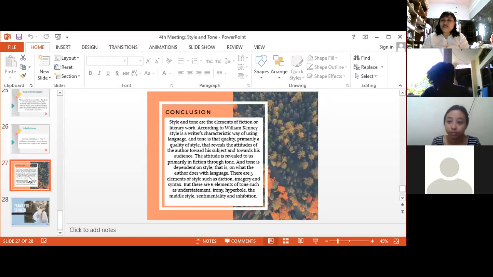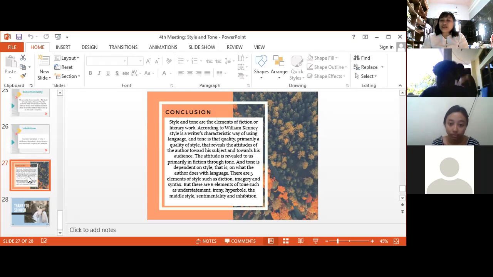Okay. Conclusion. Style and tone are elements of fiction or literary work. According to William Kenney, style is a writer's characteristic way of using language, and tone is that quality, primarily a quality of style, that reveals the attitude of the author toward the subject and toward his audience.